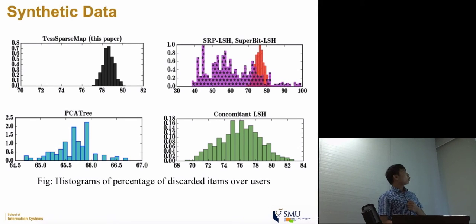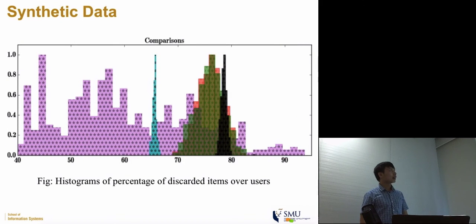So as you can see that with synthetic data, the average value is around 80%, which is better than all other methods. If you compute the average value for all the methods, then the proposed model in this paper is better. And they do this combined comparison.